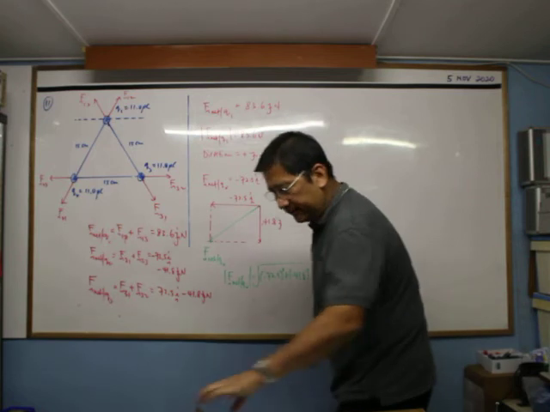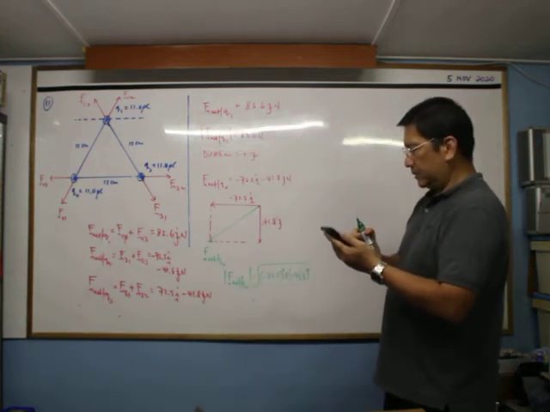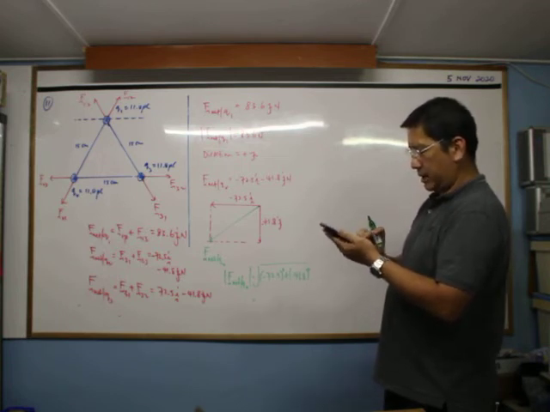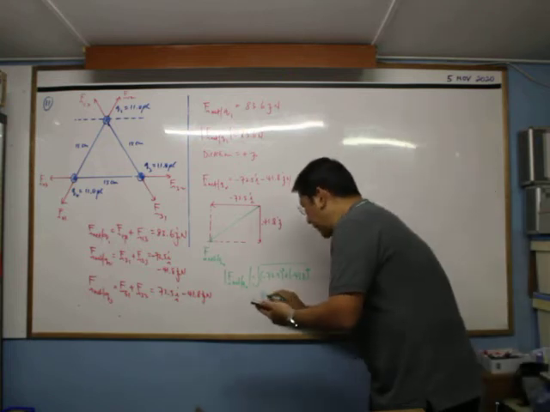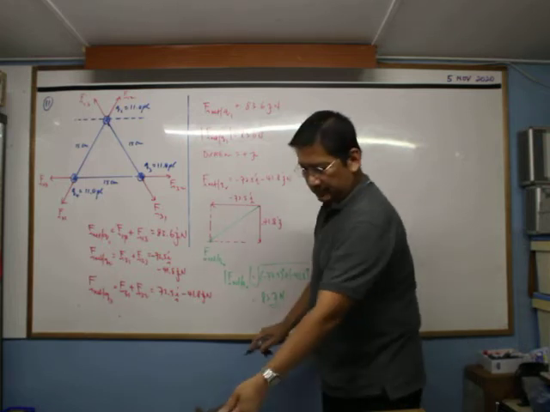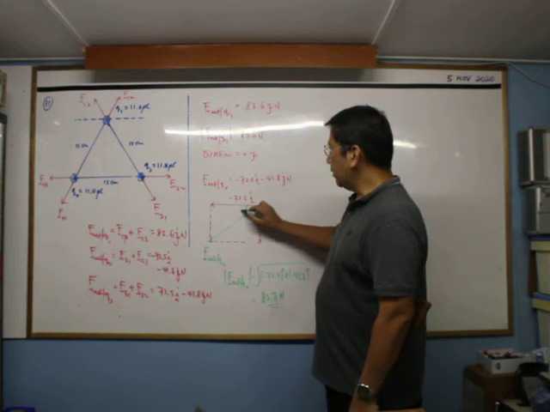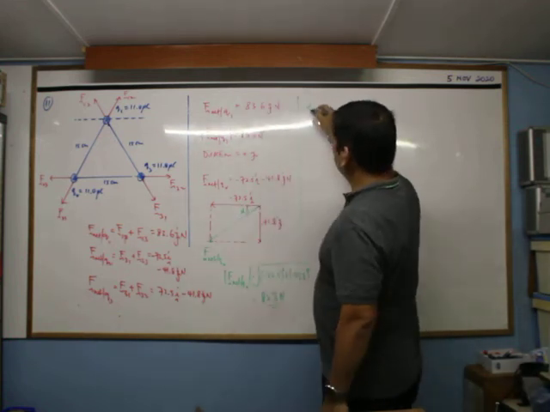So let's find out what's the value here. 72.5 squared plus 41.8 squared, and square root everything. So we have 83.7 Newton, and we need one more thing, direction. We call this one alpha. We use tangent.